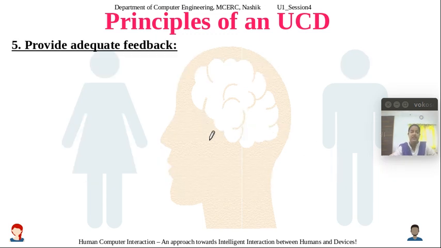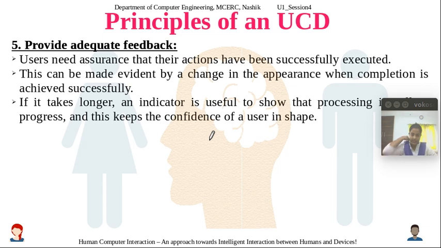Next principle is provide adequate feedback. It means whenever you are performing a certain task, where you are in that task is actually important. For example, if you are downloading a particular file from your browser, you can see its progress, like 10% finished, 20% finished, 30% finished, or it can be in size format also.